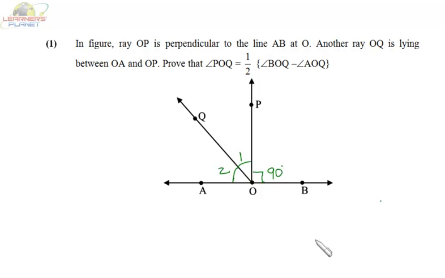Now since AOB is a straight line, angle 1 plus angle 2 plus 90 will be 180, since they are on the straight line. So I write it here: angle 1 plus angle 2 plus 90 is 180. That means angle 1 plus angle 2 is also 90 degrees.